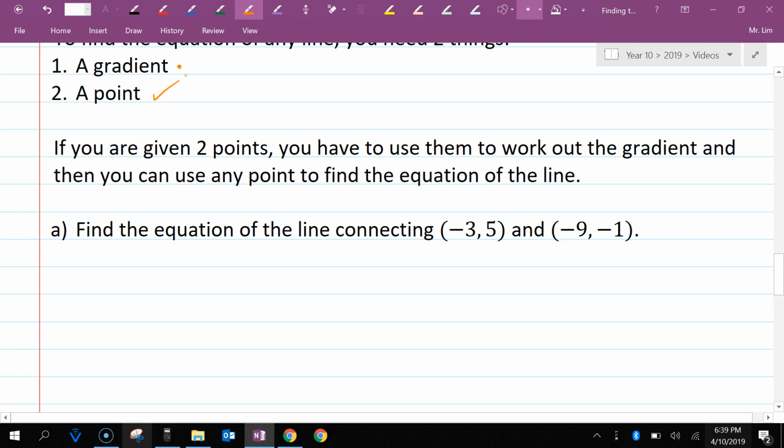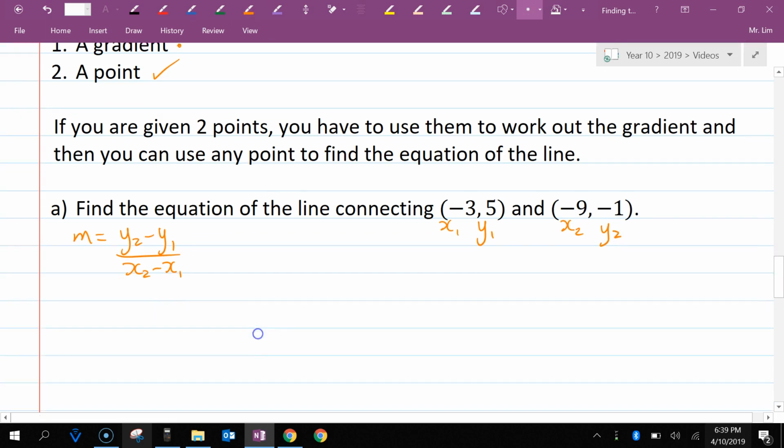In order for us to work out the equation of the line, we first need to work out what the gradient is. From a previous video, we know that the gradient of a line is y2 minus y1 over x2 minus x1. So let's just label these x1, y1, x2, y2, and let's work out its gradient.